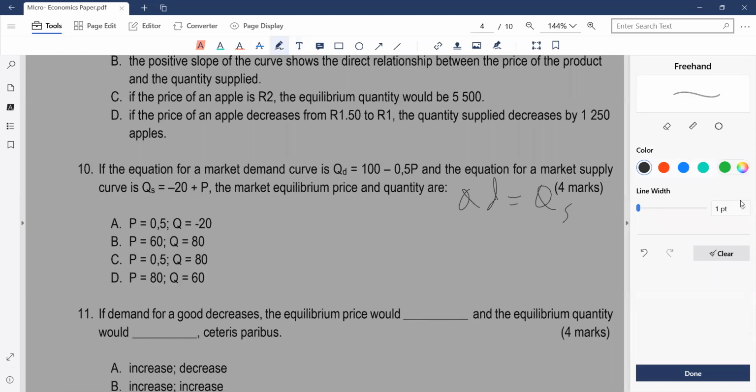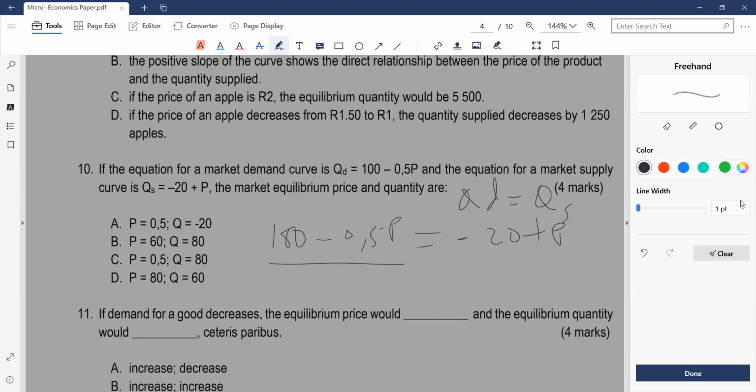That is the equilibrium. So the expression for QD is 100 minus 0.5P, and QS is minus 20 plus P.